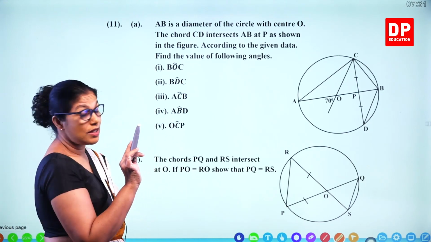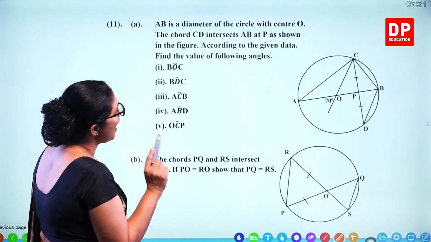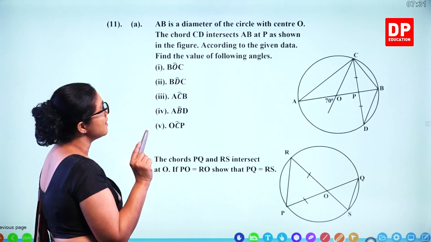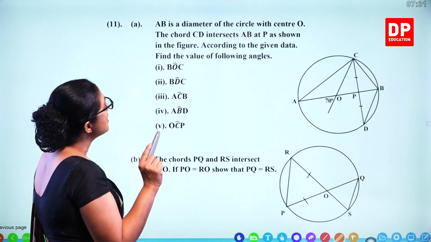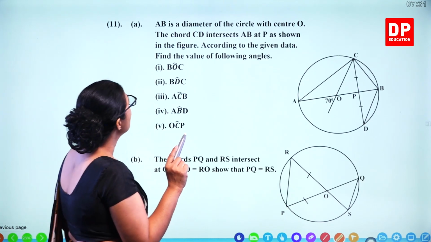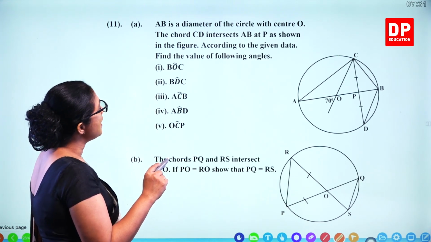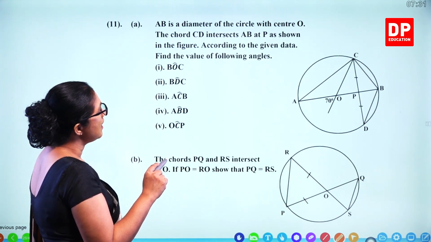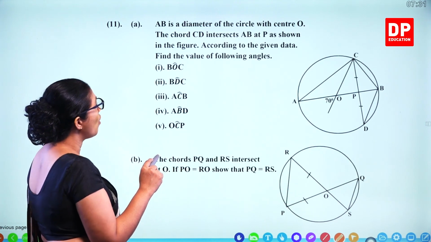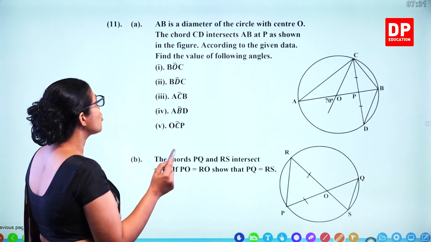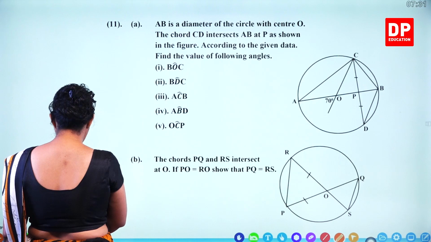We'll read the question. AB is a diameter of a circle with center O. The chord CD intersects AB at P as shown in the figure. According to the given information, you are asked to find these values.